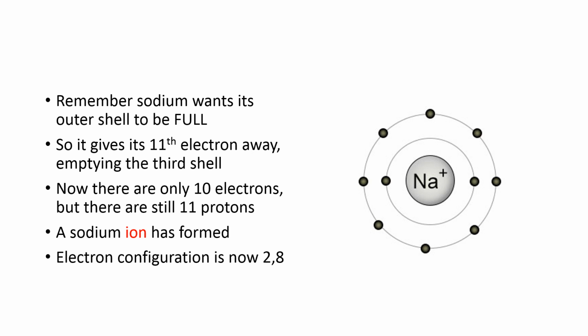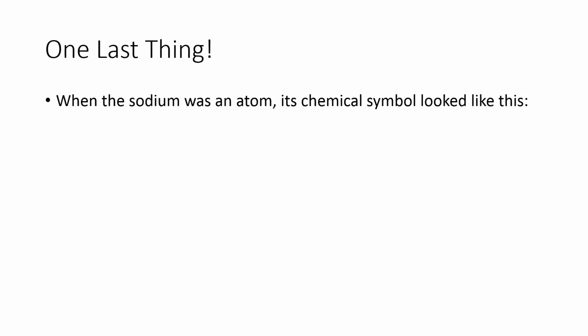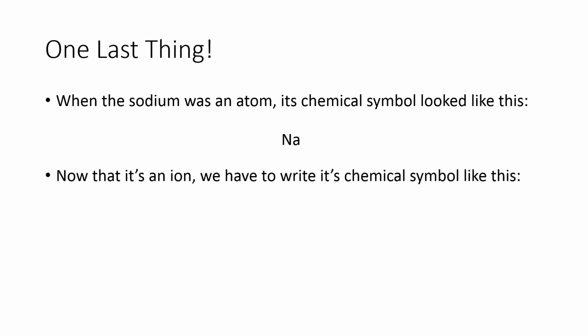So that's only one example, and you're going to do many, many more before this is done. But for tonight, there's only one more thing I want to draw your attention to, and that is the symbol of the sodium ion. So, when sodium was an atom, its chemical symbol looked like this. Capital N, lowercase a, and that was it. Now that it's an ion, we need to show that the ion is different from the atom.